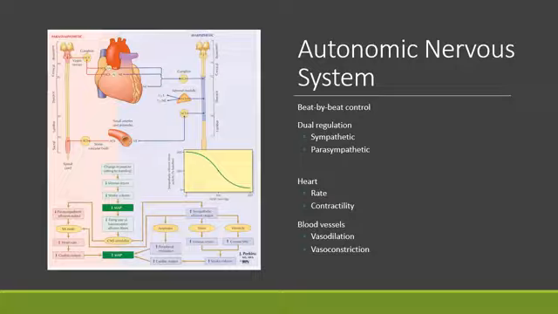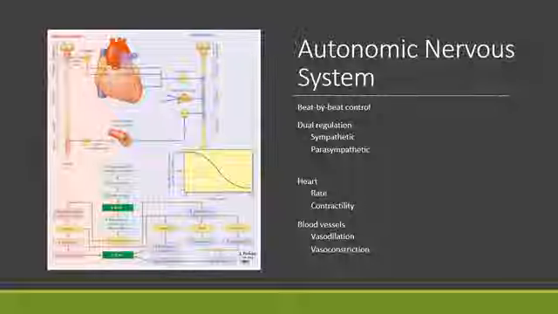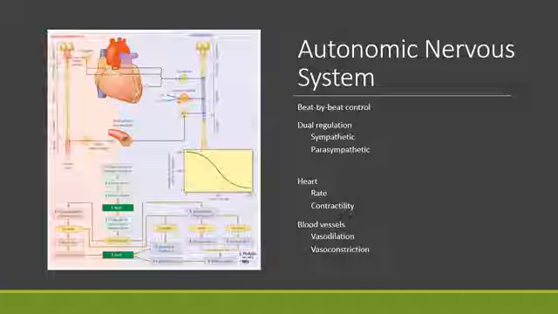Where we can see upregulation of the sympathetic and downregulation of the parasympathetic, and then back the other way. So we have a teeter-totter effect. Now, that dual innervation affects both the heart and also the blood vessels. In terms of the activities that the sympathetic or parasympathetic nervous systems can provide, with relation to the heart we can see alterations of the heart rate and also the contractility.